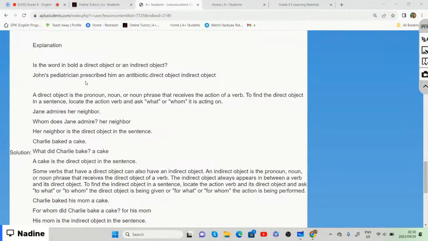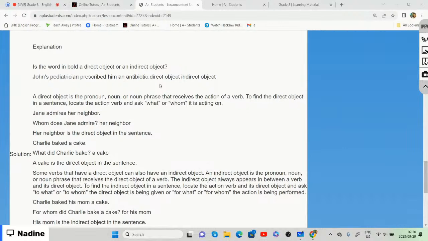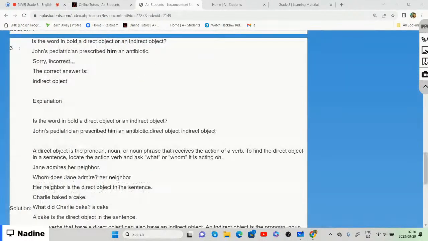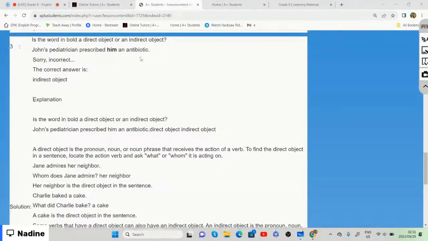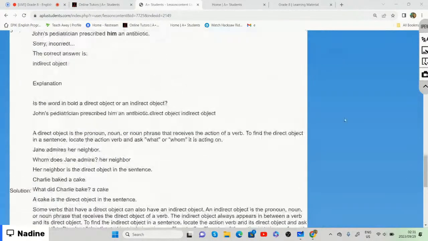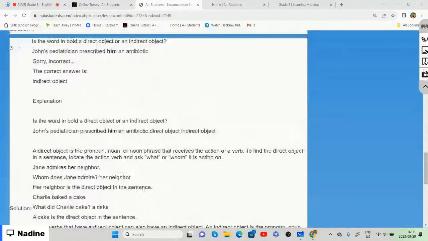So we need to basically ask for whom is that being given. For whom is the antibiotic given? It is prescribed for him, which means that this is an indirect object.